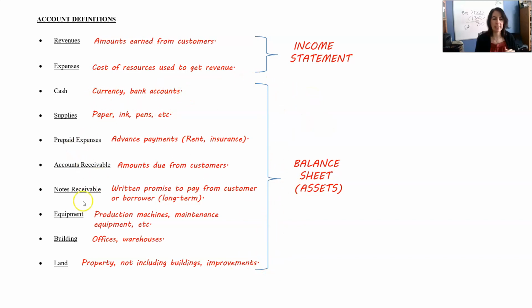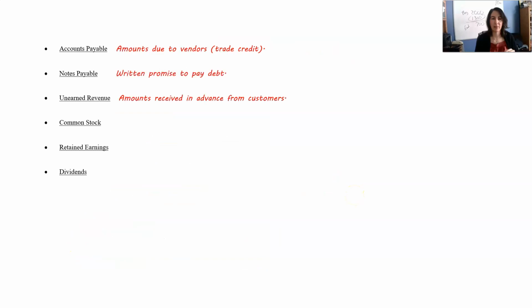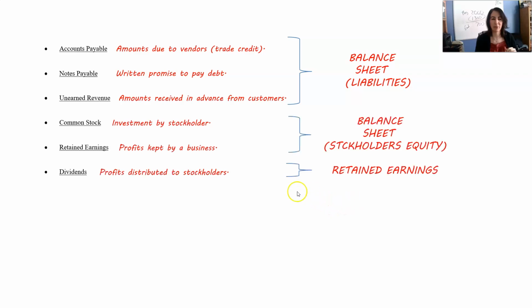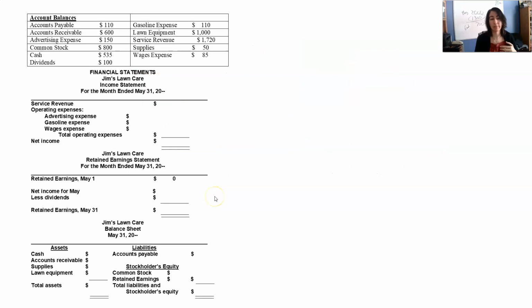These are all of your assets, and over here you've got your liabilities and your equity items, and the statement of retained earnings. This way you have it as a reference as you go through the chapters and wonder, what is notes payable again? I realize we haven't done a lot of these yet. You will do them in the future, so you may look back to this.